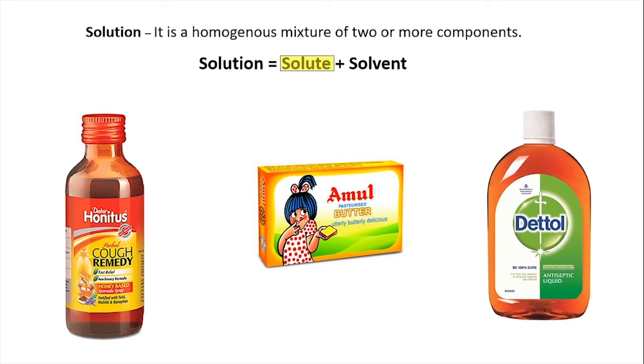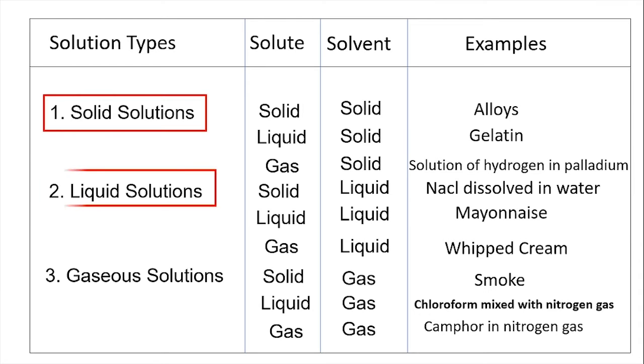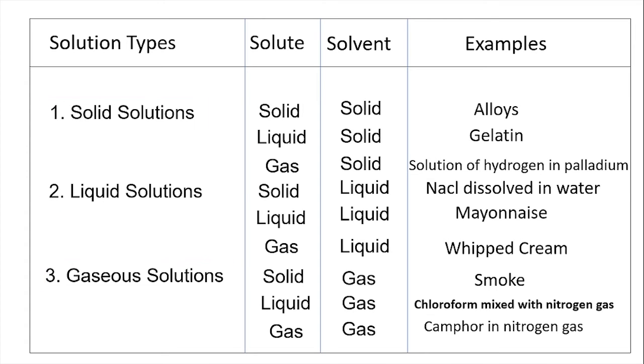In this unit, we shall only consider binary solutions, that is, solutions consisting of only two components. Now we will see the types of solution. There are mainly three types: solid solution, liquid solution, and gaseous solution. In a solid solution, the solvent is solid.